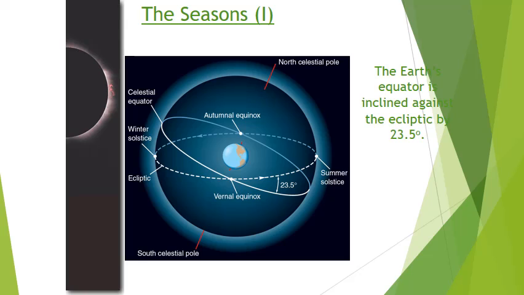Okay, now that you're all experts at right ascension and declination, here's a way of explaining the seasons. The reason that the seasons are different is because of the position of the sun with respect to the celestial equator during the course of the year. The sun, as we mentioned, does not maintain its same position in the celestial sphere the entire year.